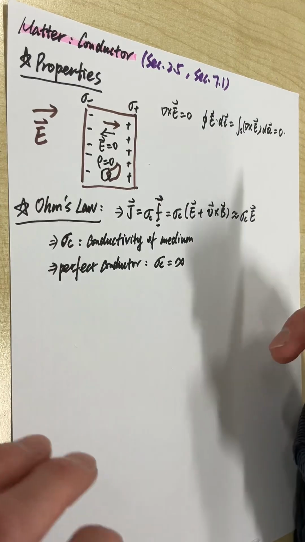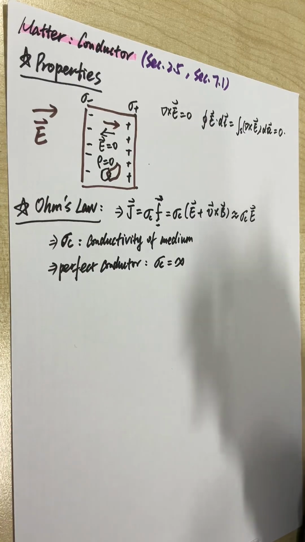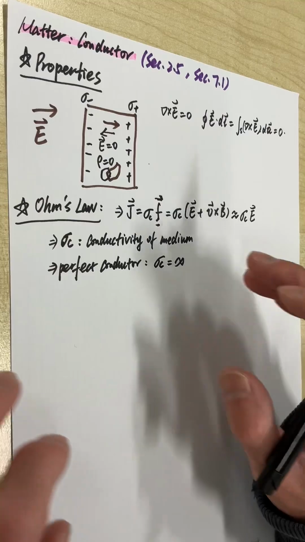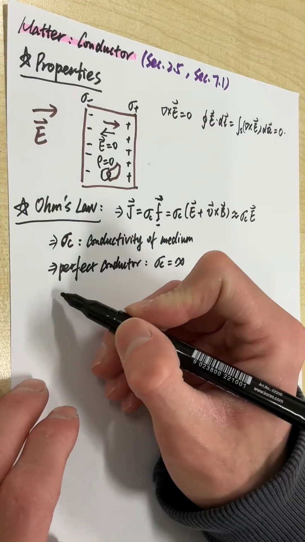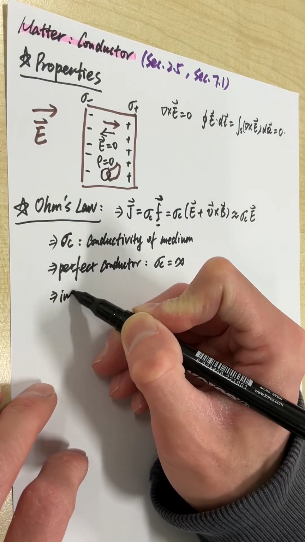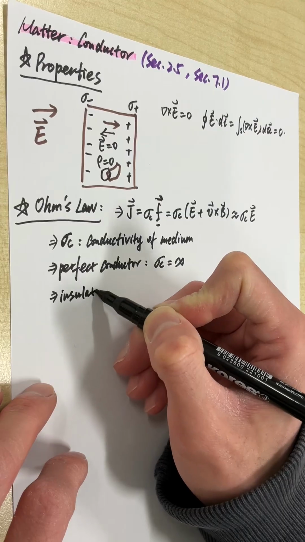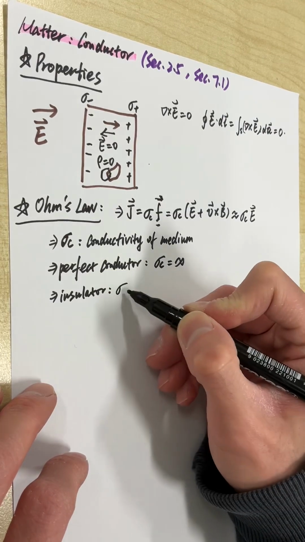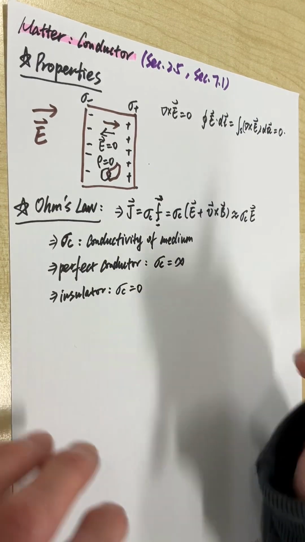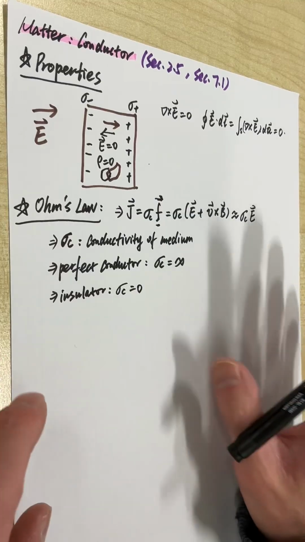In reality, that doesn't happen. You have a little push and then you get current. That's good enough. And then you also have an insulator, where the conductivity equals 0. So no matter how hard you push, you wouldn't get any current.